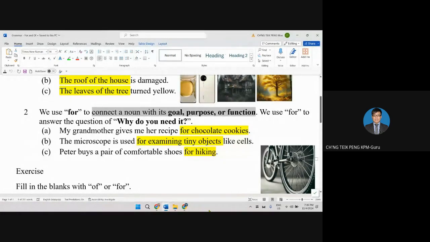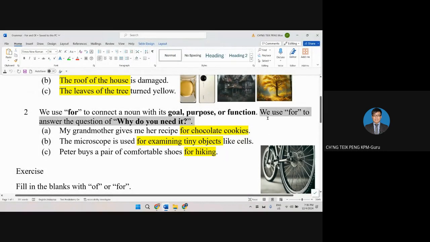We use for to answer the question of why do you need it. You can also understand it this way: what is the purpose, the goal, the function of why you need it? Why do you need it?